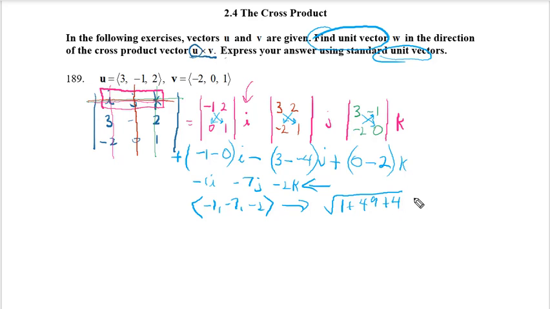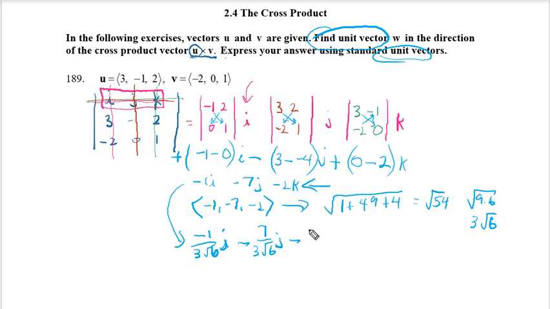So that's square root of 54, which was the same as 6 times 9, which is a 3 root 6. So that's the magnitude. And so our answer is going to be negative 1 over 3 root 6 i, minus 7 over 3 root 6 j and minus 2 over 3 root 6 k.